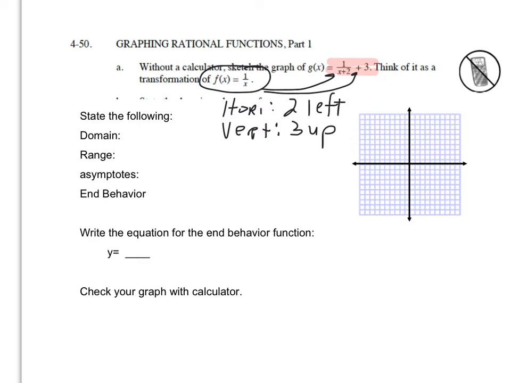That means my vertical asymptote and horizontal asymptote will shift the same amount. The vertical asymptote used to be on the y-axis right here. That's going to be shifted 2 to the left.